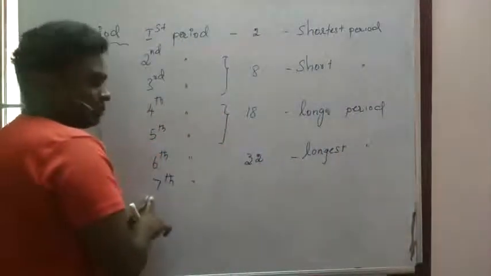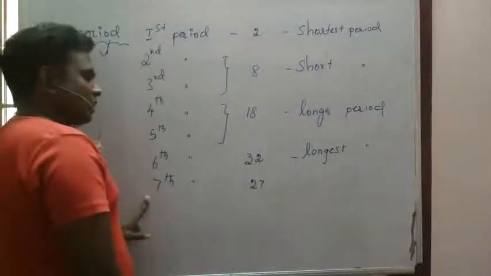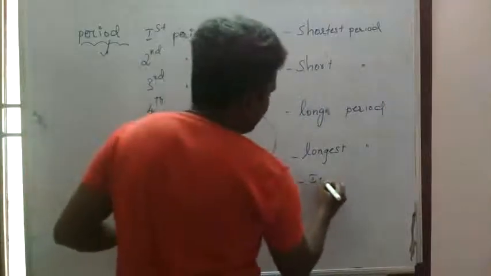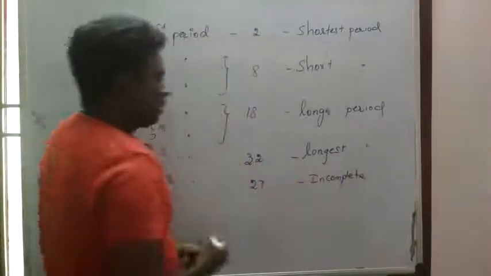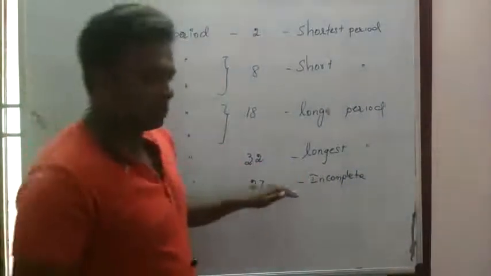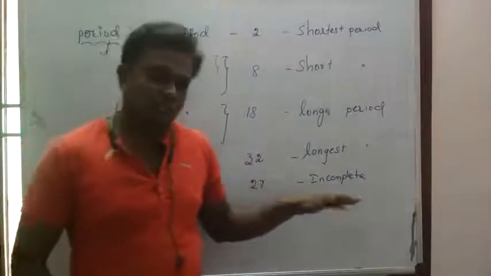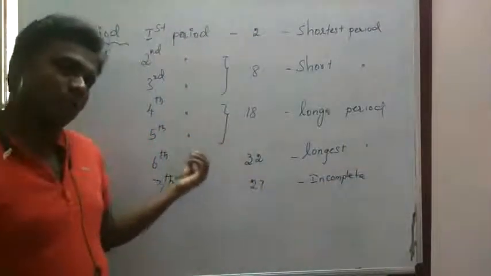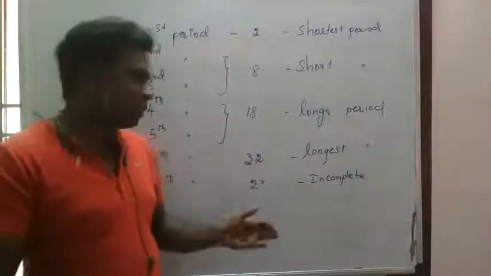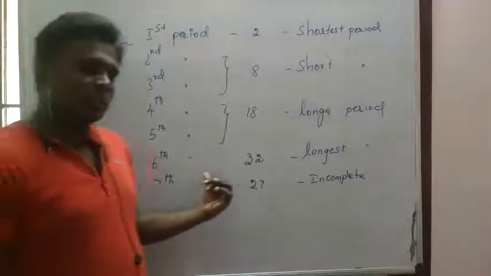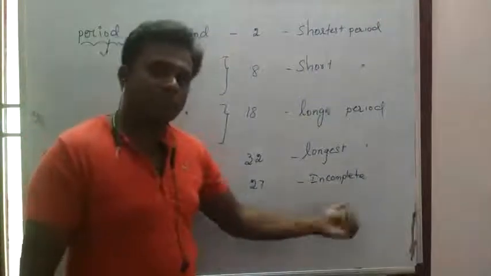The seventh period alone consists of 27 elements, so it is called an incomplete period, because some elements are going to be discovered. It is under research, and they have left empty spaces in the seventh period, so the remaining elements are going to be found out. That's why it is called an incomplete period.